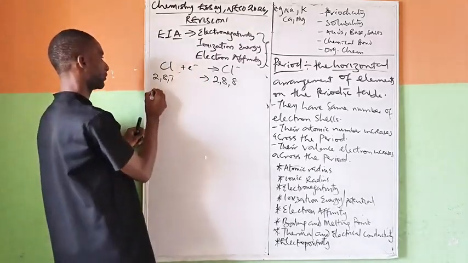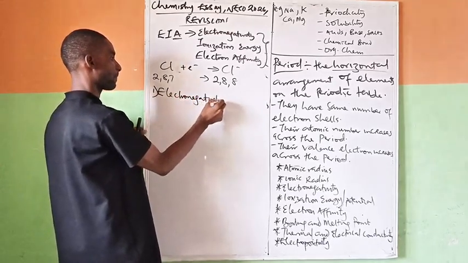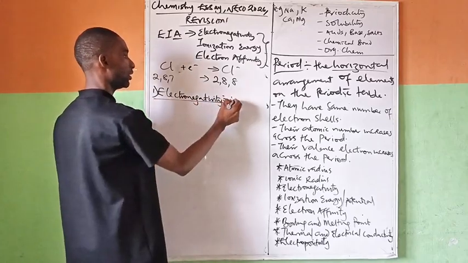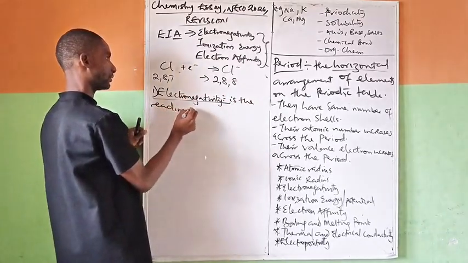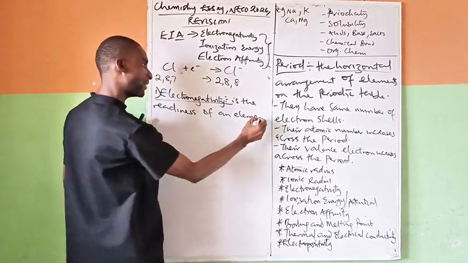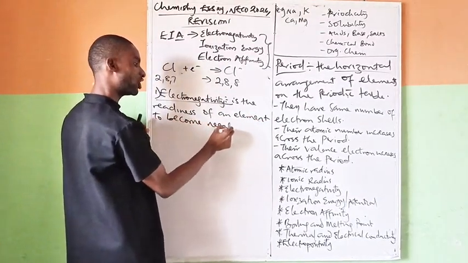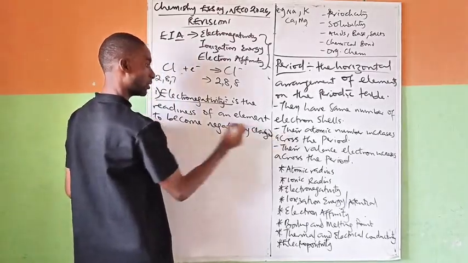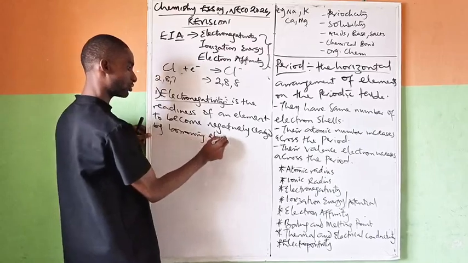So let's define it. Electronegativity is the readiness of an element to become negatively charged by borrowing electrons.